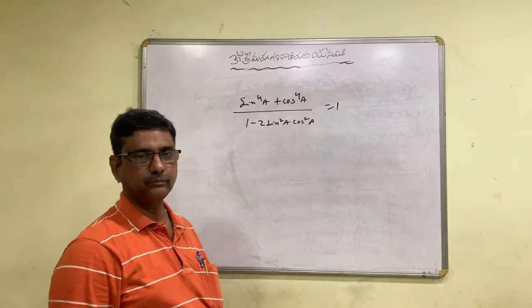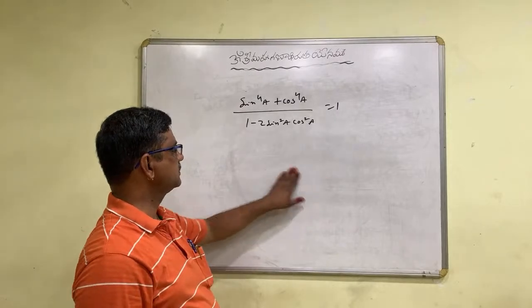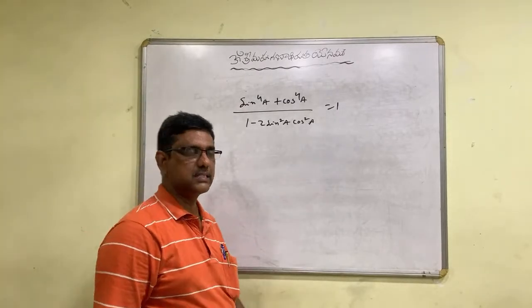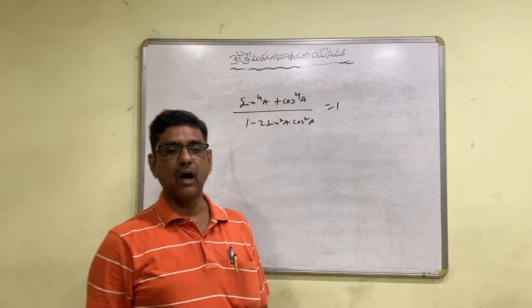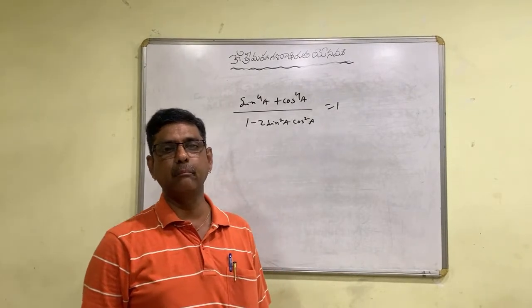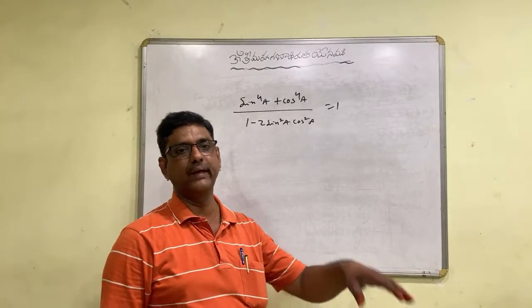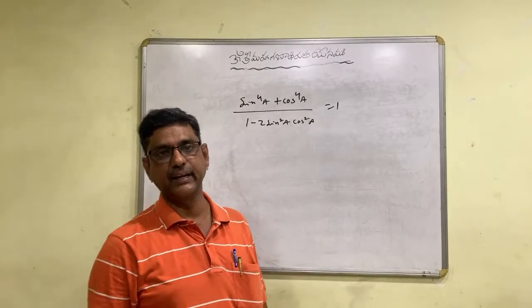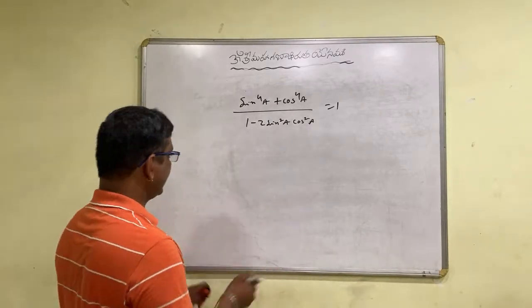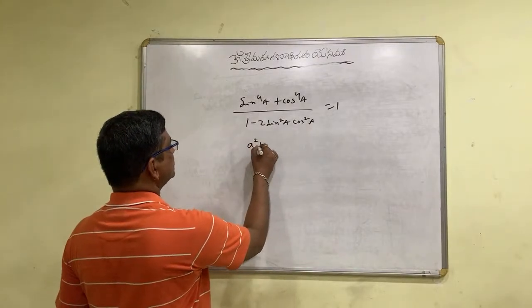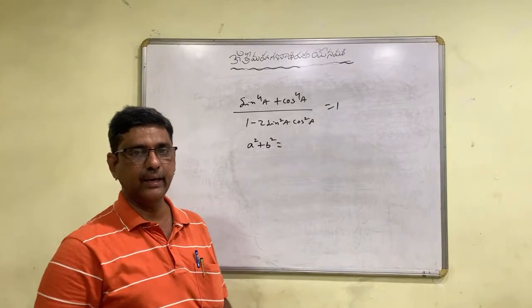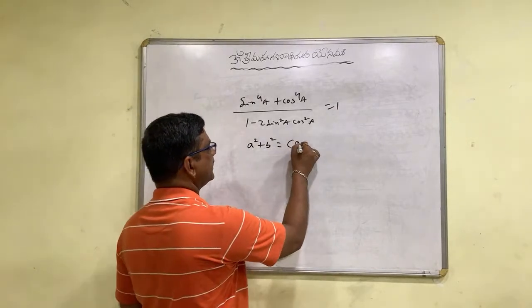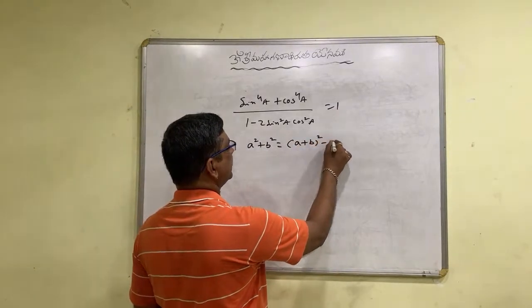Okay, children? Any guesses? See, children, one thing I am going to tell you is that algebra is going to play an important role in problem solving in trigonometric identities. If you see, we have an algebraic identity that a square plus b square we can write as a plus b whole square minus 2ab.